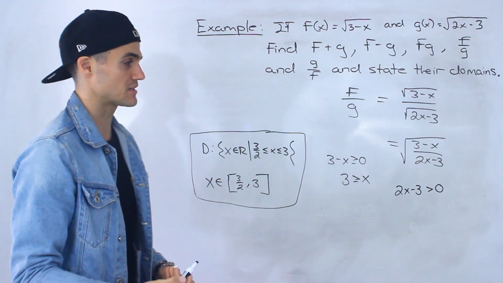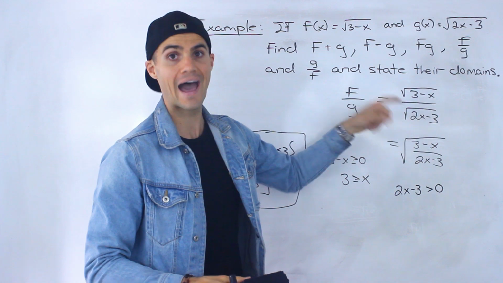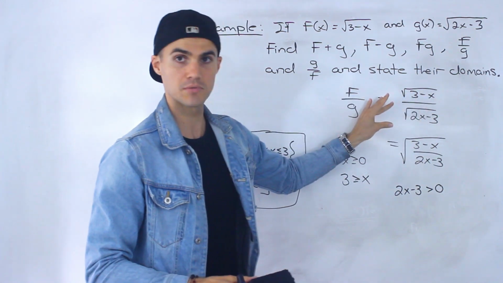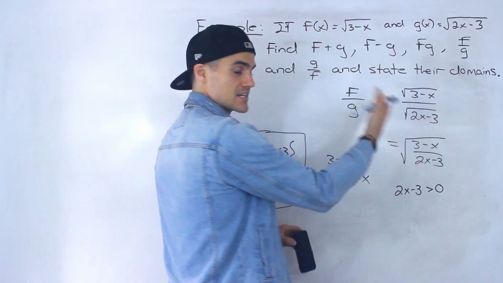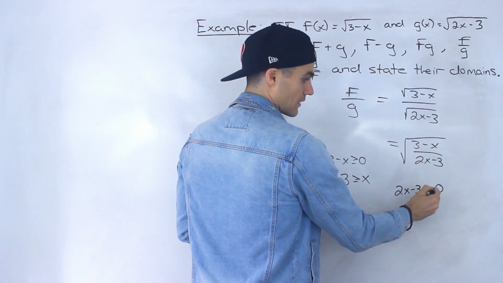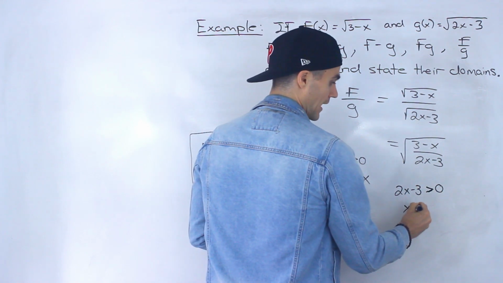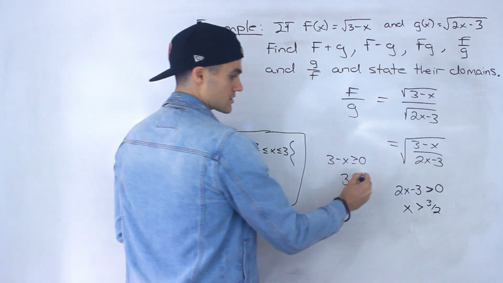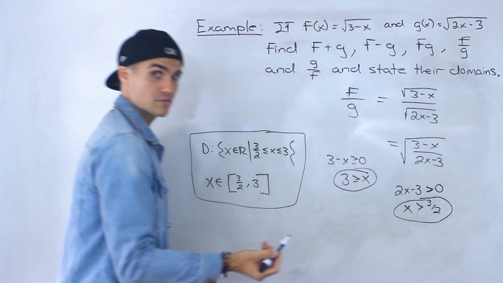It can't equal 0, because if 2x minus 3 equals 0 at x equals 3/2, then the denominator is going to be 0, and you can't divide by 0. So because this is now in a denominator, it's not greater than or equal to 0, it's just greater than 0. So this would happen when x is greater than 3/2. So x has to be less than or equal to 3, but greater than 3/2, not inclusive of 3/2.